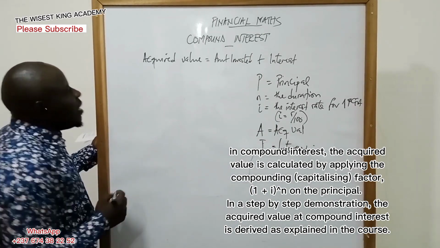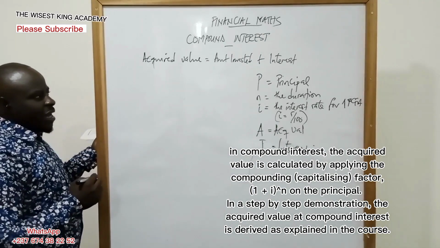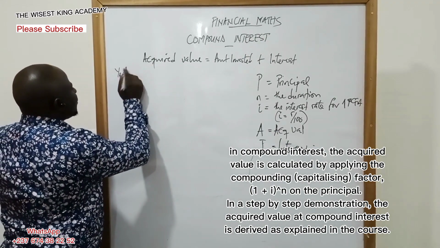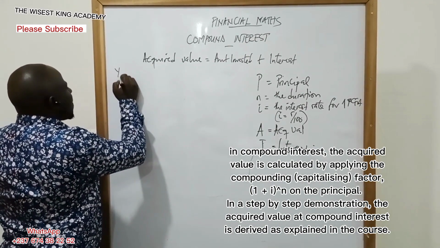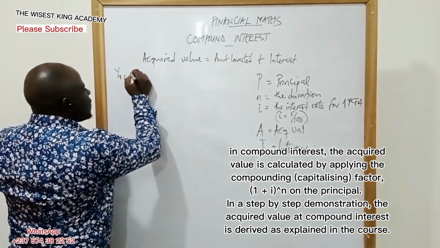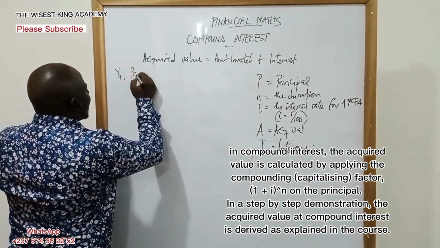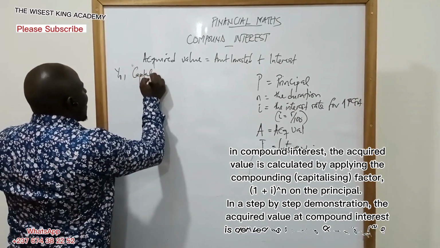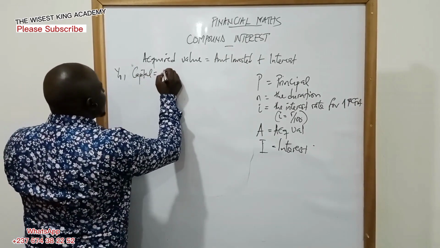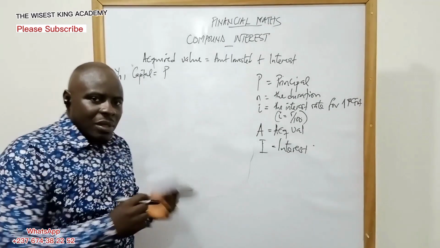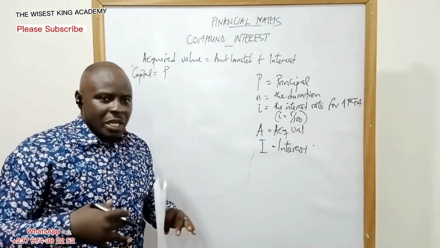Now, let's see how to calculate the acquired value. We are at the beginning of year one, let me call it Y1. At the beginning of year one, we invest that capital or principal. We invest P. At the end of year one, the amount invested has to generate interest.